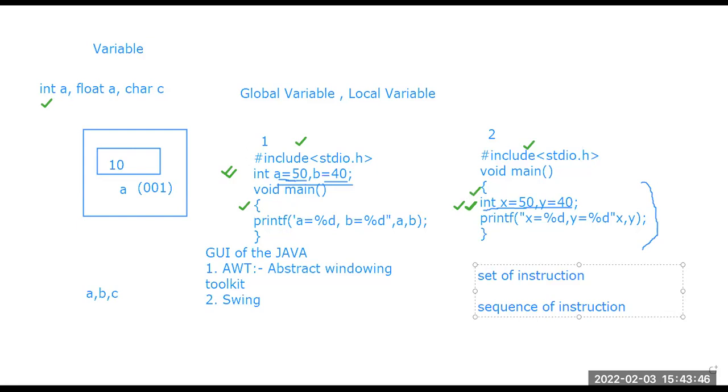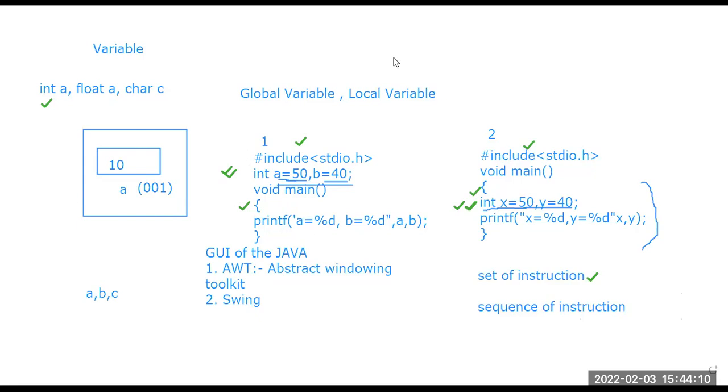So we need to follow a sequence. First we mention some header file, then the main function, then the variable declarations. There is a sequence we need to follow while writing a particular code. That's why I am telling you not to write set of instructions anywhere.